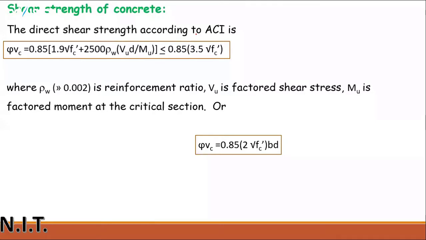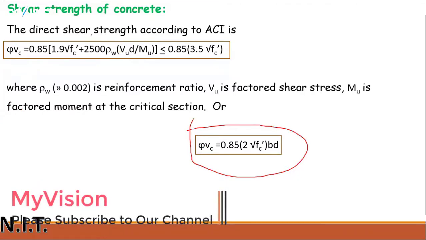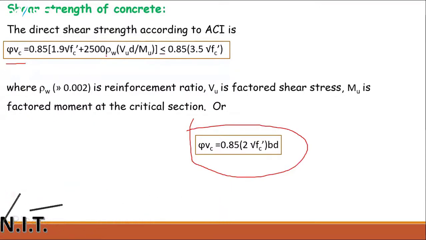The shear strength of concrete and the shear stirrups can be calculated by this formula, but usually we use this formula. Read it first: the shear strength according to ACI code is given by this formula. In this formula, rho W, VU, MU are the terms: rho W is the reinforcement ratio, VU is the factored shear stress, and MU is the factored moment at the critical section.